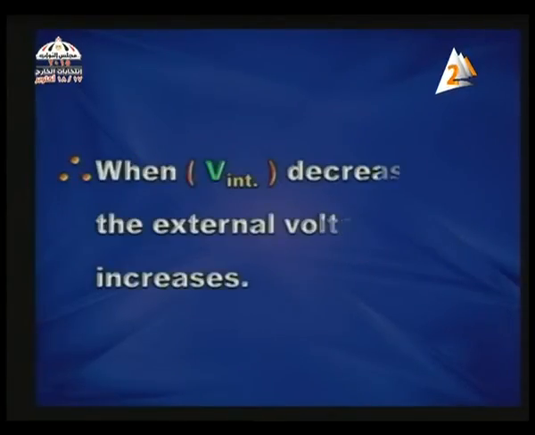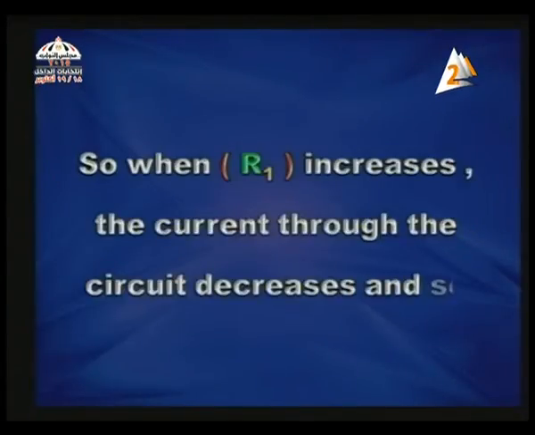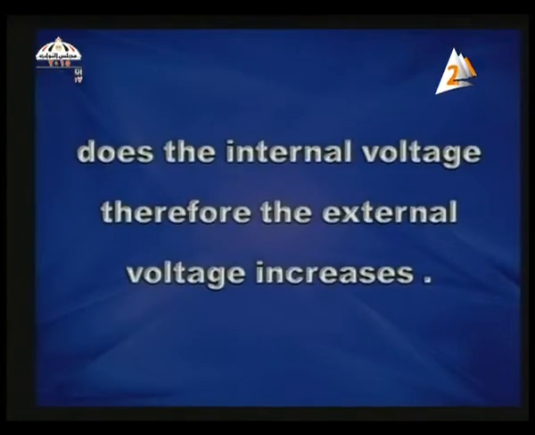The relation between them is that when V internal decreases, the external voltage increases. So we'll explain now. When R1 increases, the current through the circuit decreases, and so does the internal voltage. When the internal voltage decreases, the external voltage increases.